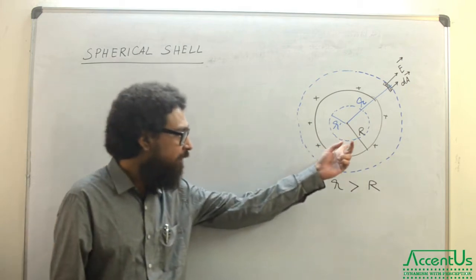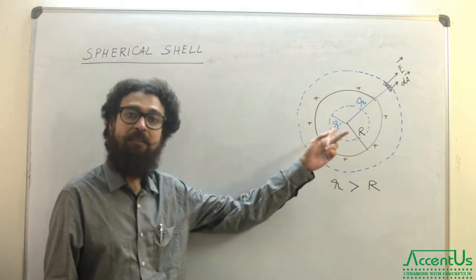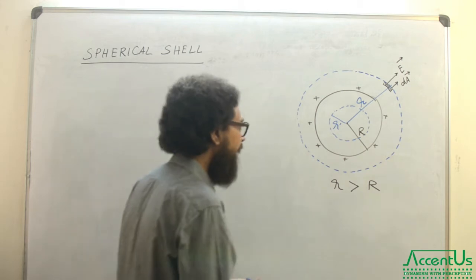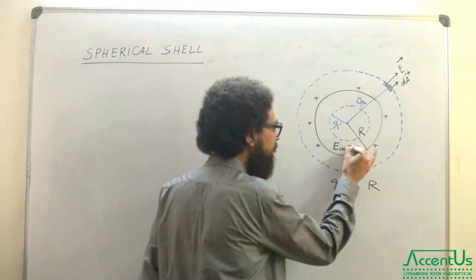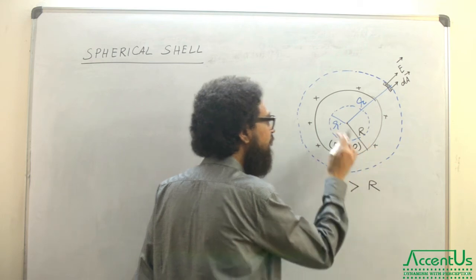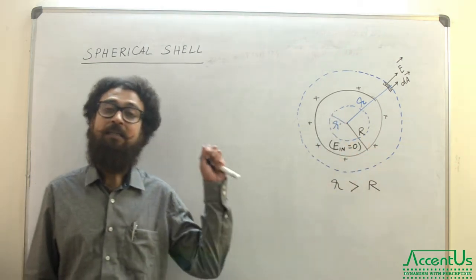So inside the spherical shell there is no electric field. Please understand, I am writing here on this diagram that inside it is 0, because we have not enclosed the charge.